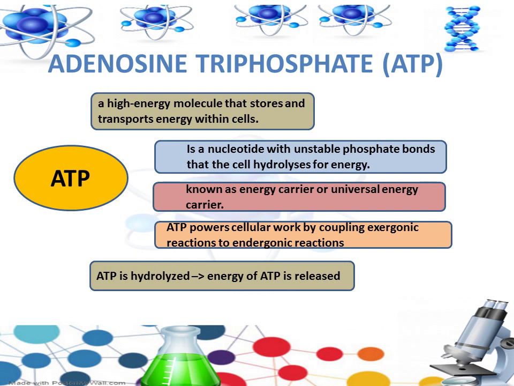ATP powers cellular work by coupling exergonic reactions to endergonic reactions, and when ATP is hydrolyzed by addition of water, energy is released. So when we talk about ATP, you need to understand the structure of ATP and the ATP cycle, and also the functions of ATP for living organisms.